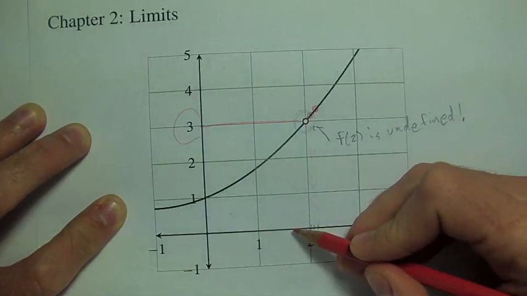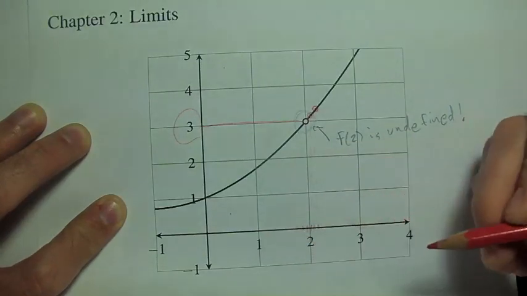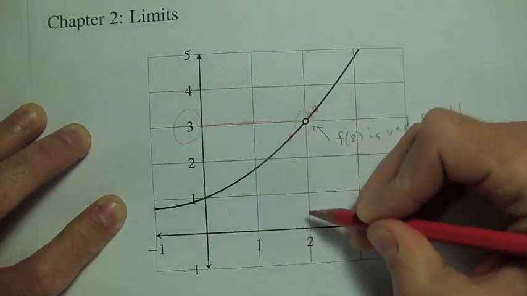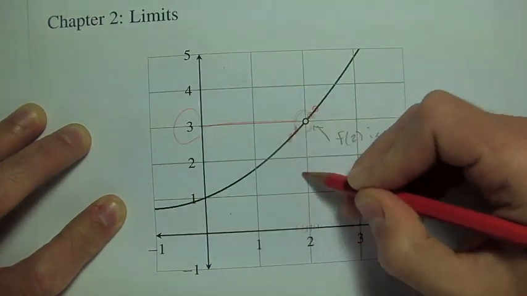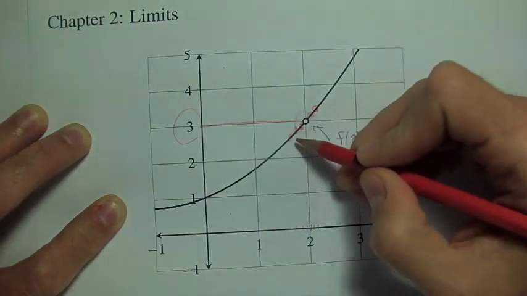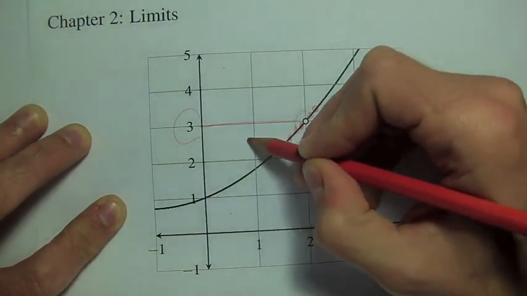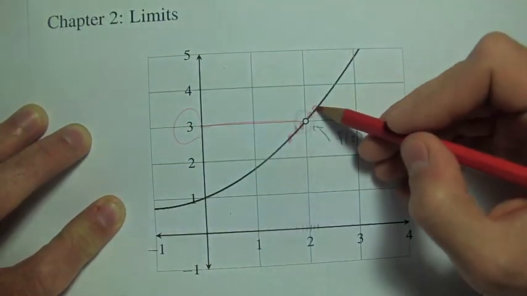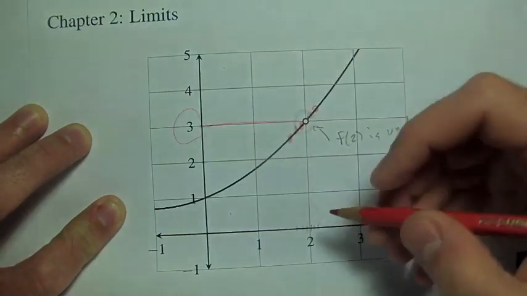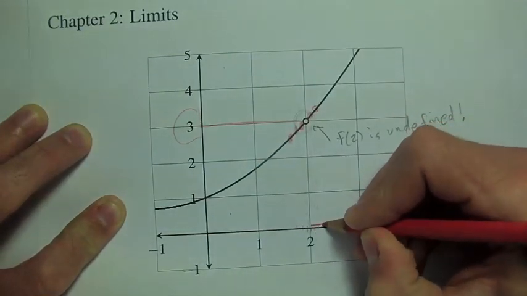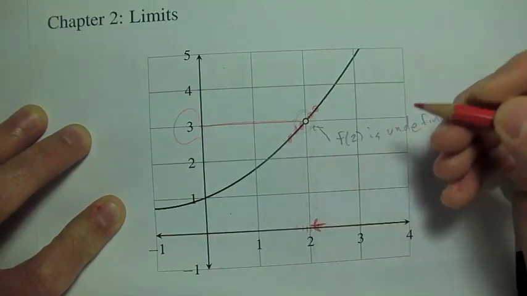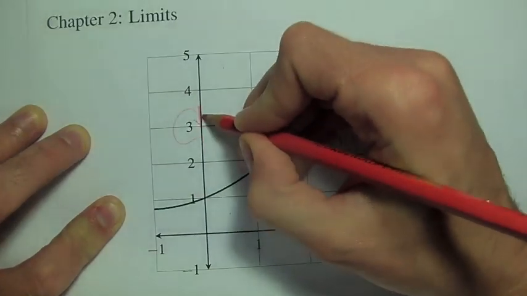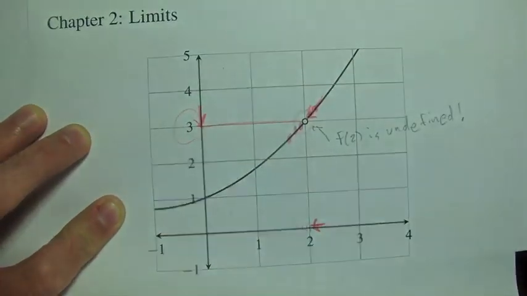Okay. And on the other side, as the x's get closer and closer to 2, the y's are getting closer and closer to 3. Okay, so as my x's get closer and closer to 2, the y's are going down along here and getting closer and closer to 3.